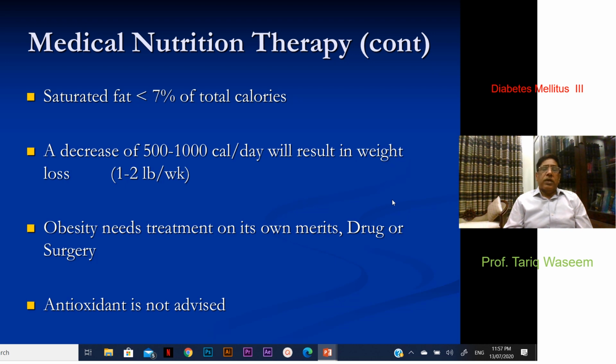Obesity, as we said, needs treatment on its own merits with drugs or surgery, and we'll be talking briefly on this subject as well. Antioxidants used routinely is not very well recommended.